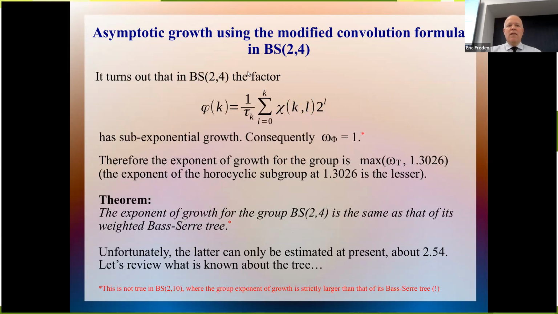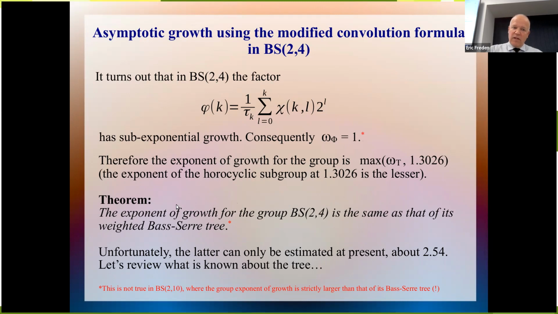It turns out that the correction factor has sub-exponential growth. Its exponential growth rate is 1. So the exponent of growth for the entire group is the maximum of whatever the tree is times 1, which is obviously bigger than for a subgroup.